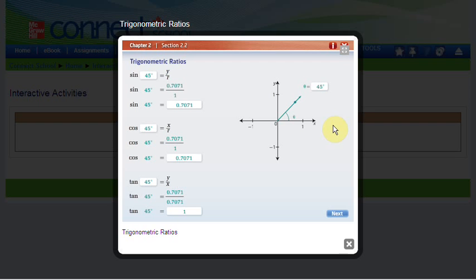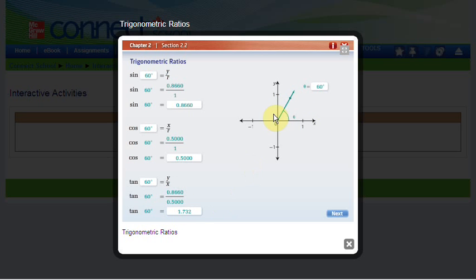And then I can continue on to 60 degrees for the other special triangle. There's 60. And you can look at those numbers. By the way, the last one here, 1.732, that's the same thing as root 3.